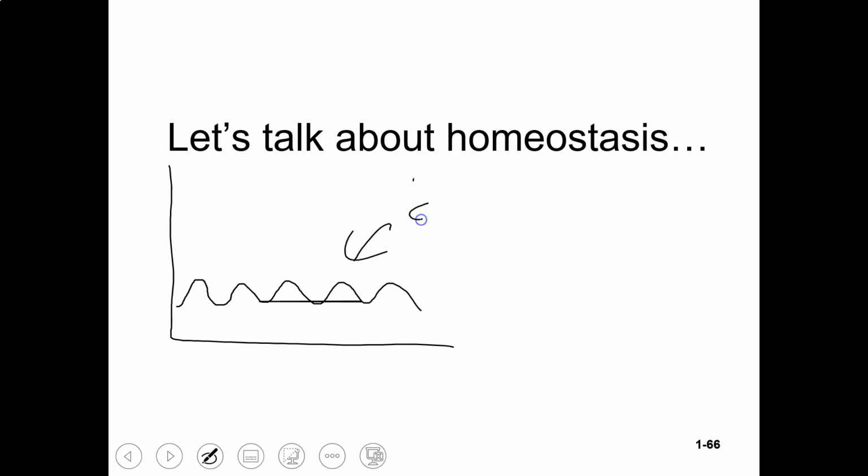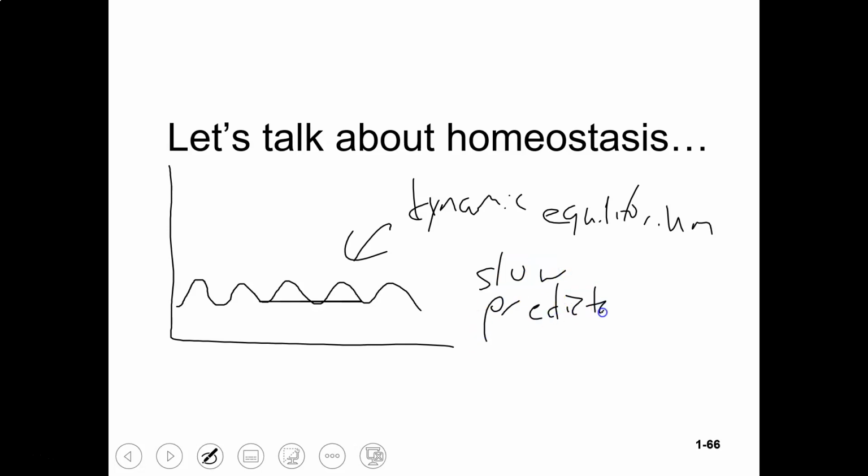This is called dynamic equilibrium. And this is the result of negative feedback. You should know that negative feedback is slow, it is predictable, and it is what maintains homeostasis. And homeostasis, again, kind of the goal of your physiology. Deviations from homeostasis are often problems.